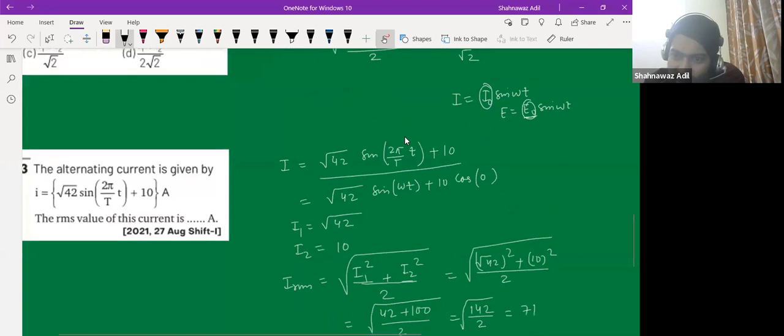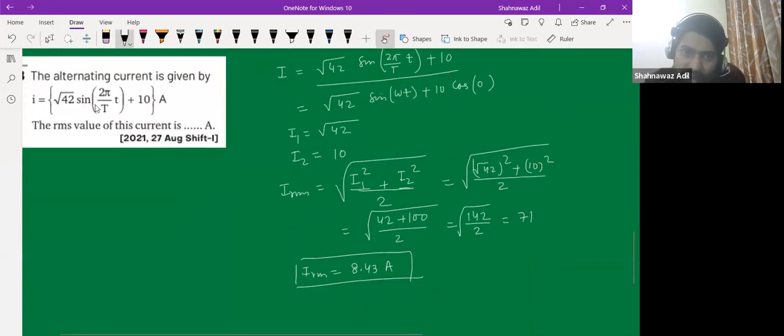So root of 42 square plus 10 square, that would be 142 divided by 2, so this is 71, so this would be root of 71, which is 8.4. So this would be the RMS. Please note it down, and if you have any doubts, please ask.